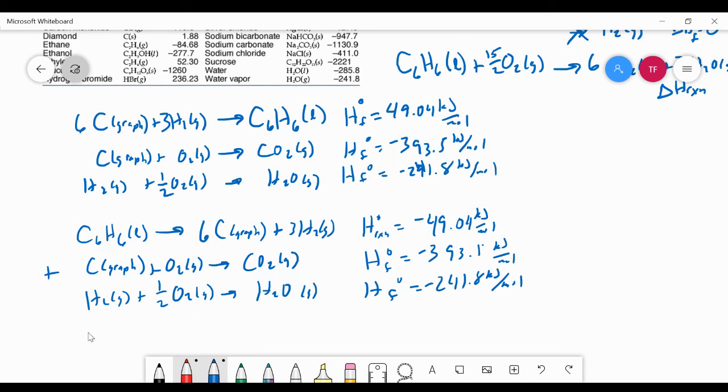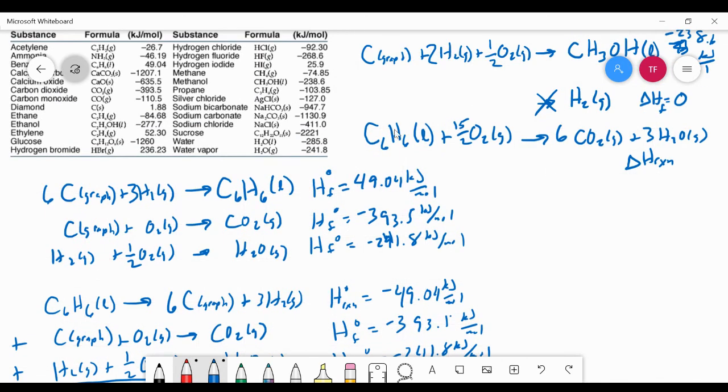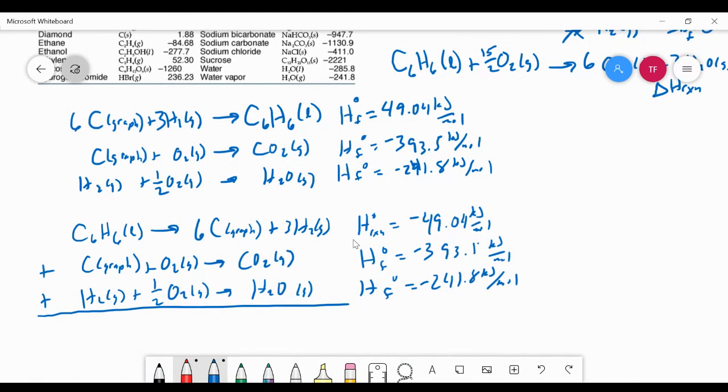Now let's see what we can do here. We are going to add these reactions together and try to come up with the overall reaction that we're trying to study here, which is the burning of benzene. So how many carbon dioxides are produced? Notice that there are 6 carbon dioxides produced. So what we're going to do is multiply everything here by 6 moles, because we want 6 carbon dioxides when we add these reactions together.